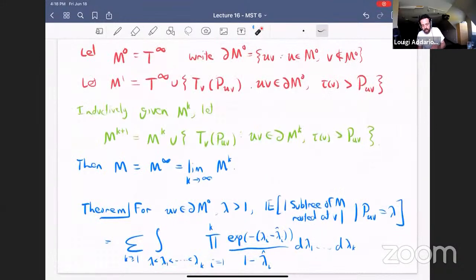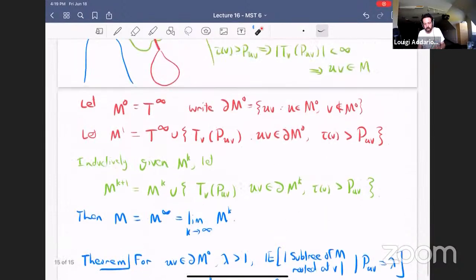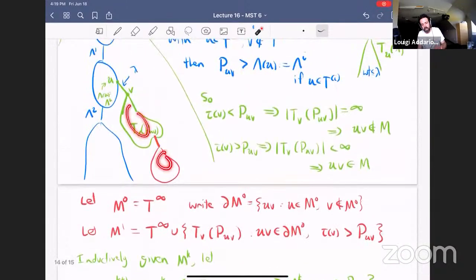Okay, and then the expectations in the numerator are basically what's enforcing... to get this version of the formula, you use the defining identity for the Poisson survival probability to simplify things a little bit. But basically what the numerator is doing is enforcing that you've only seen finite trees along the way.